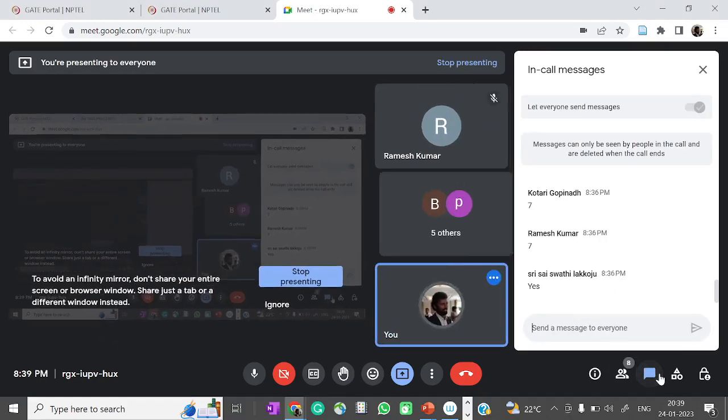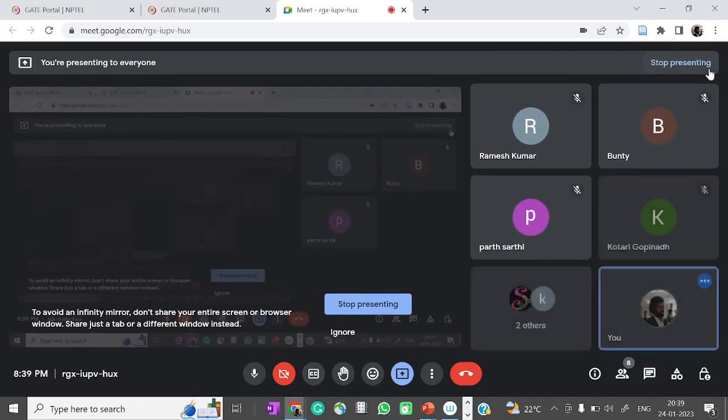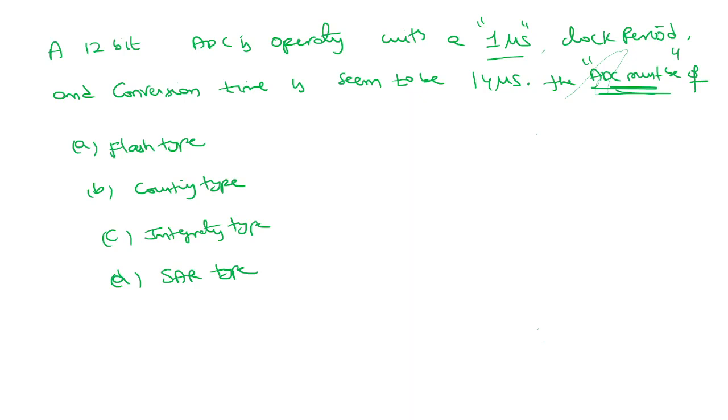The previous one? A 12-bit ADC is operating with a 1 microsecond clock period and conversion time is seen to be 40 microseconds. The ADC must be of dash.